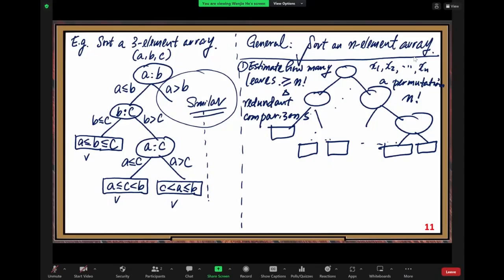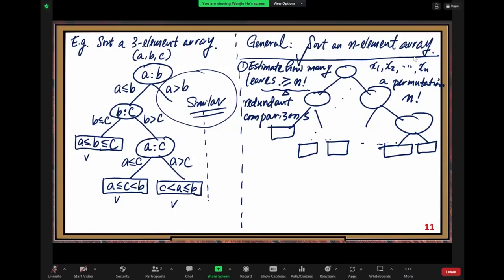So if you have redundancy, then the number of leaves would be greater than n factorial. Only when you do not have the redundancy, then the number of leaves equals n factorial. So here we should use this greater or equal to sign.